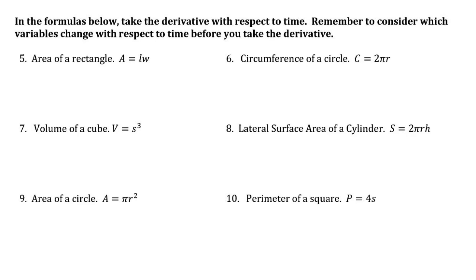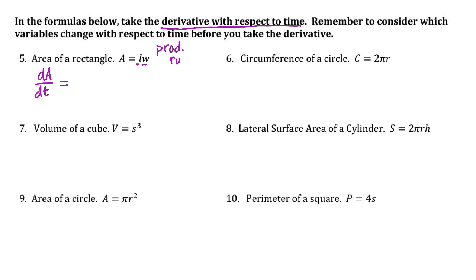When we talk about the area of a rectangle, and they want us to find the derivative with respect to time, we're going to take the derivative of both sides. The derivative of A is dA dt equals, and on the other side we have length times width, so we need the product rule.